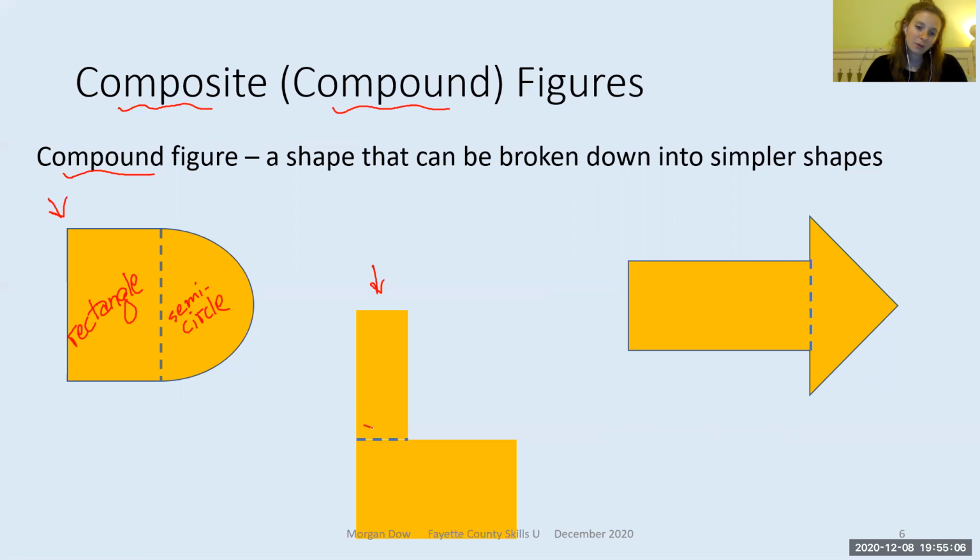It can be broken up into two rectangles. So we've got this rectangle on top and this rectangle on the bottom. And then the third example here, this arrow, could be thought of as a rectangle stuck to a triangle.